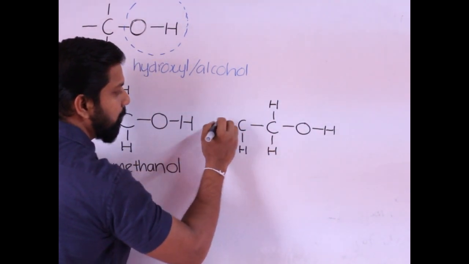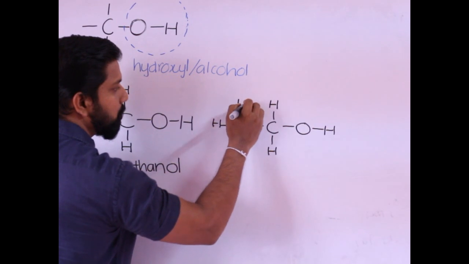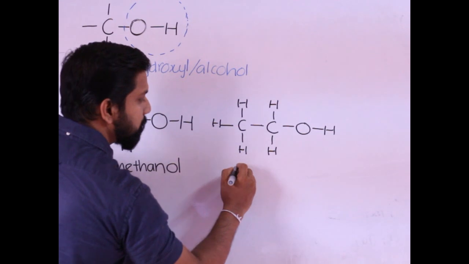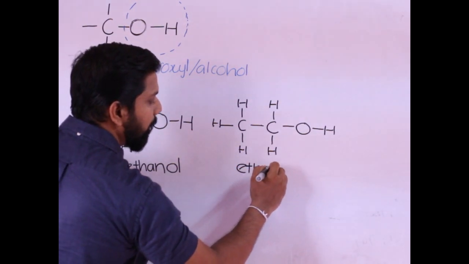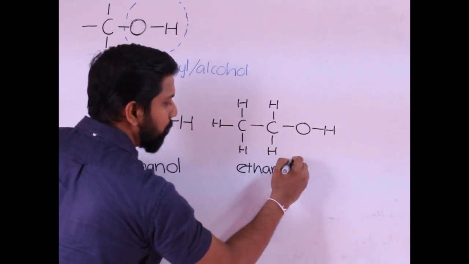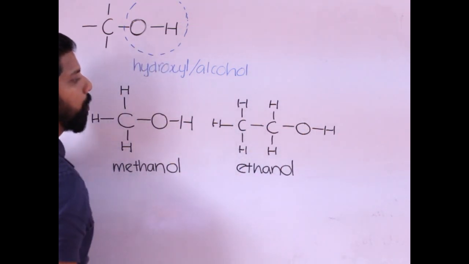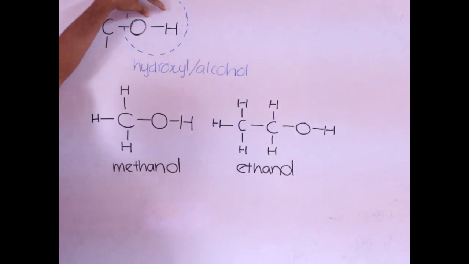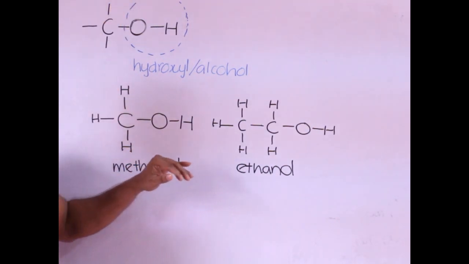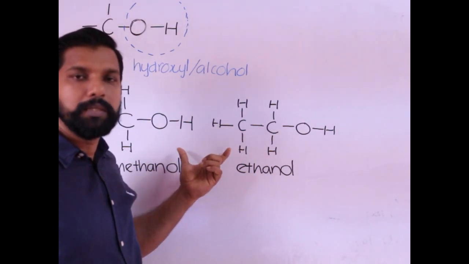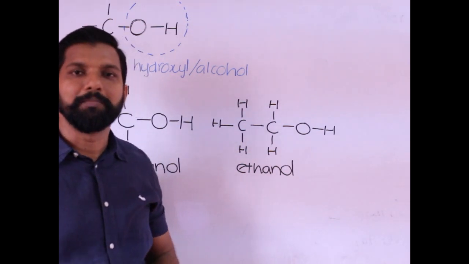So this is the second member, which is the most widely used alcohol around the world, and this is called ethanol. Ethan shows that there are two carbon atoms, and ol shows that there is an alcohol group. So an alcohol contains the hydroxyl group as the main functional group. Methanol and ethanol are the first two members of this family of organic compounds.